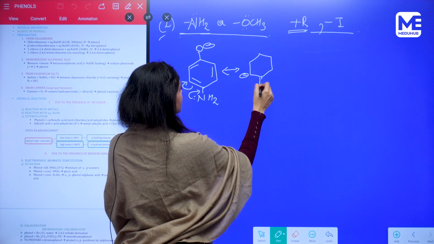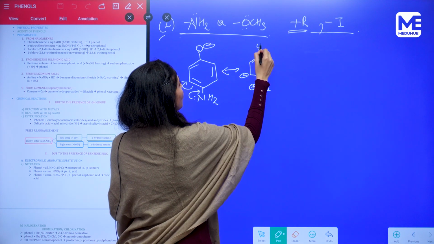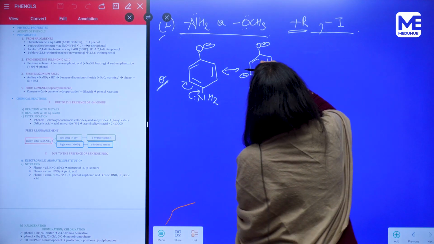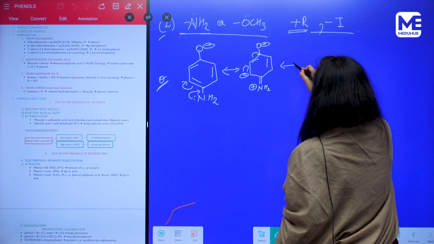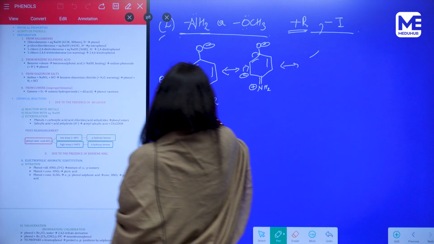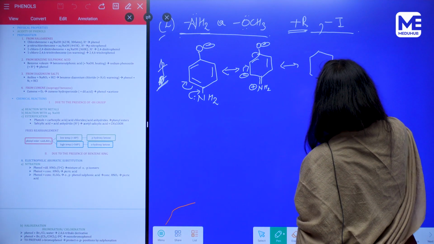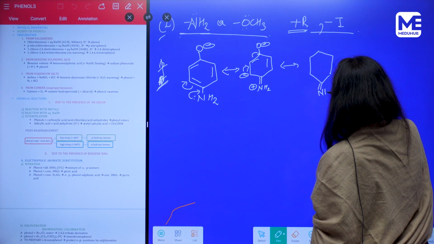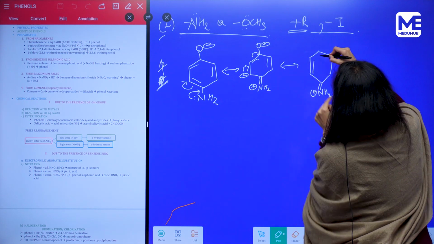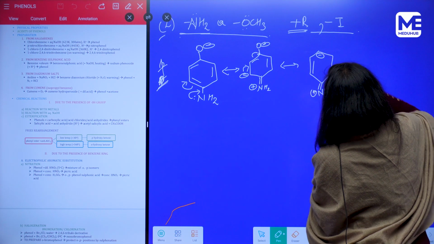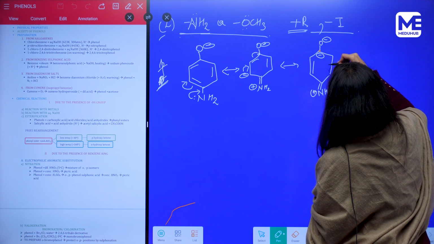Negative charge is here, NH2 plus, O minus. Now this negative charge will move here. This will move on to this carbon here. So the next structure can be para isomer. Double bond, NH2 plus. This moves here, so double bond comes here. The negative charge is on this carbon here. This carbon has the O minus.